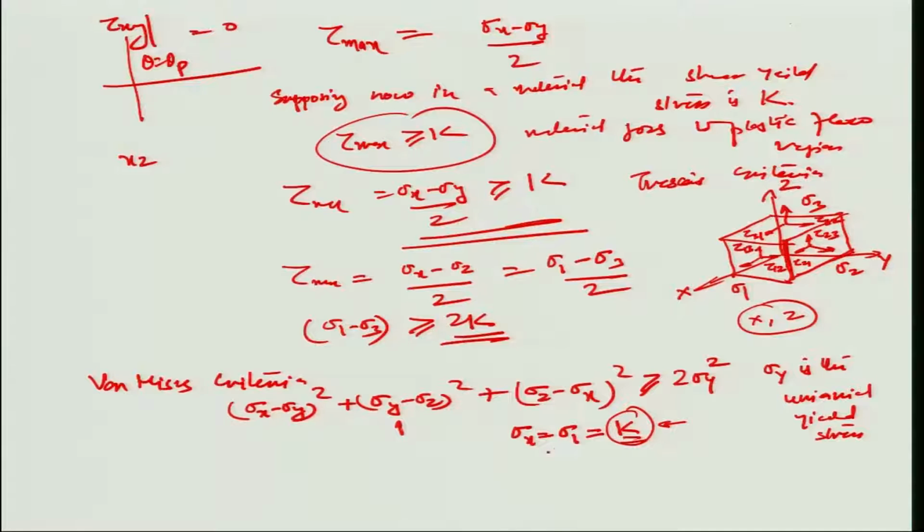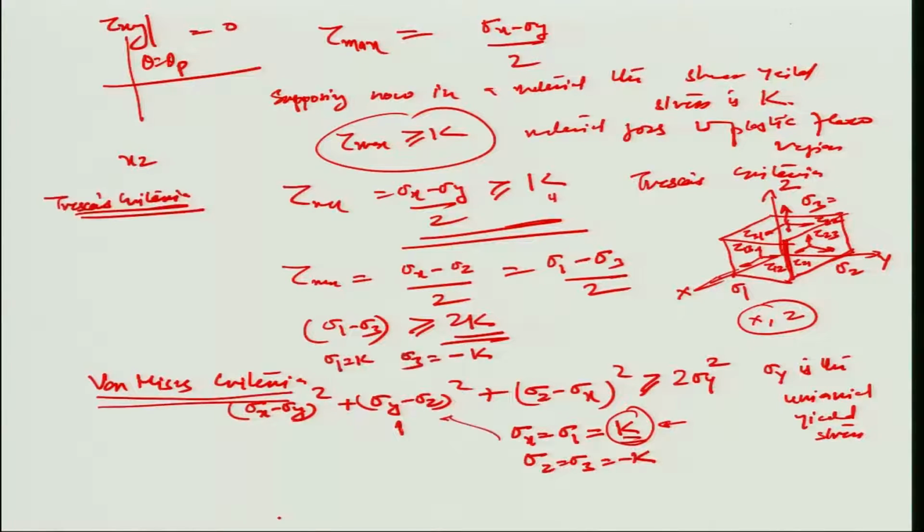And similarly we have sigma z equal to sigma 3 equal to minus k. Obviously, for example, if we consider a rolling process, let us suppose this will be compressive in nature, while this sigma 1 would be expansive for the material to get strained along the z and the x axis so that rolling can happen, okay.